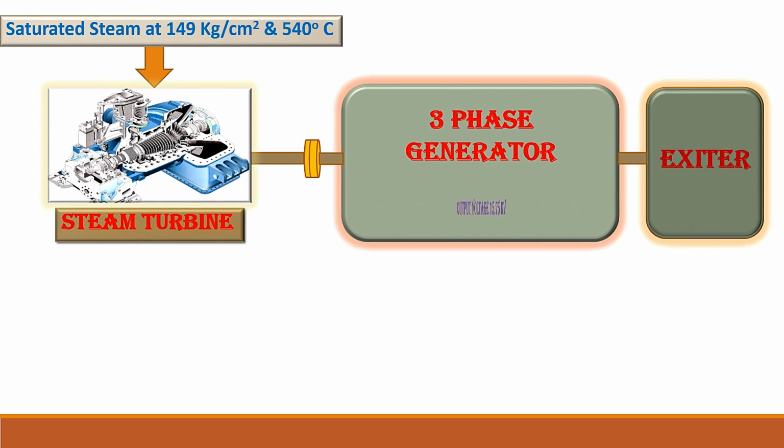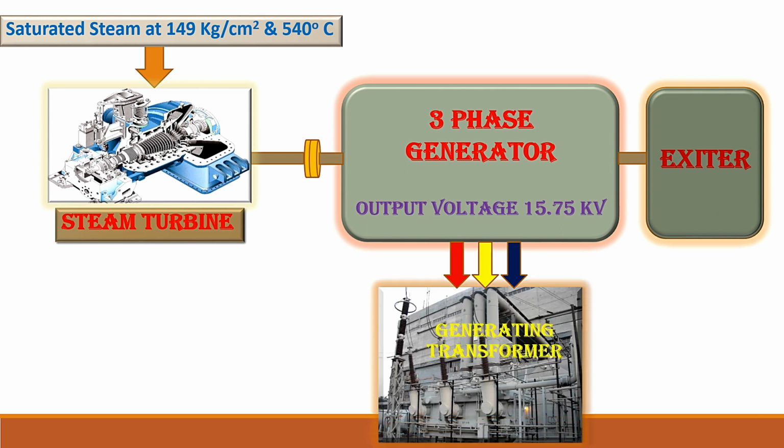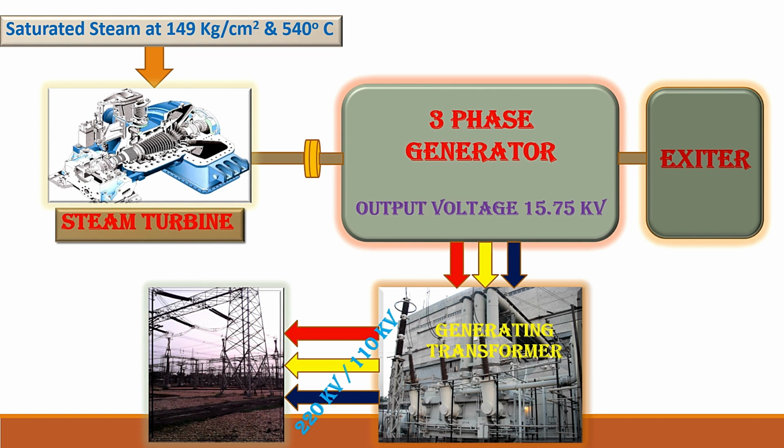The 3-phase generator generates voltage of 15.75 kV in red, yellow and blue phase. This 15.75 kV is sent to the primary side of the generator transformer. From the secondary side of the transformer we get 220 kV or 110 kV voltage. This voltage is sent to the switchyard for final distribution.